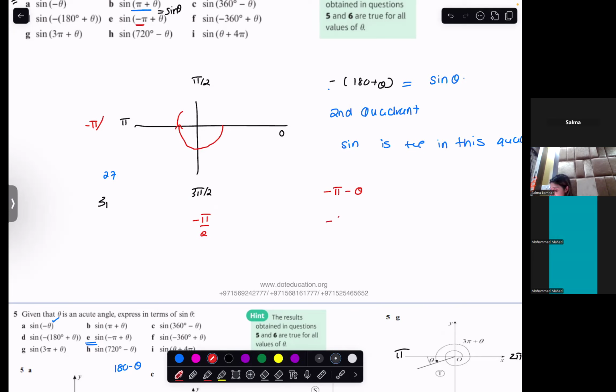Minus 3 minus 1 gives me minus 4. Tell me, minus 3 minus 1 will give you what? Minus 4. That means it adds up, with a sign of minus.